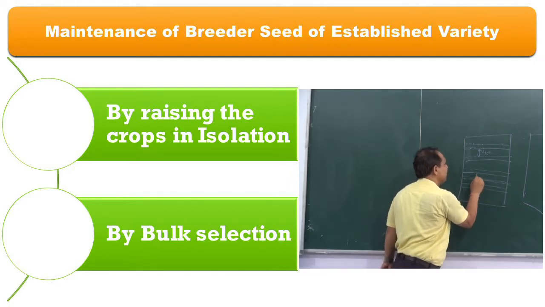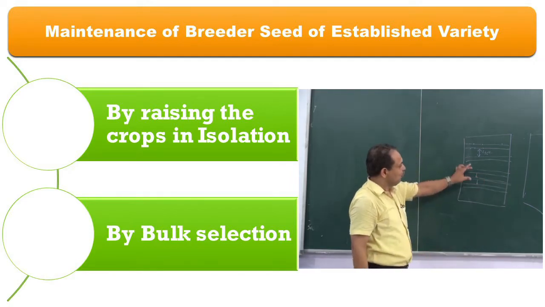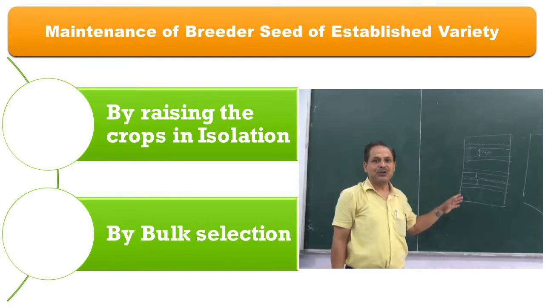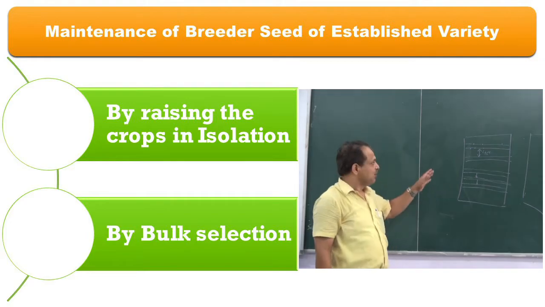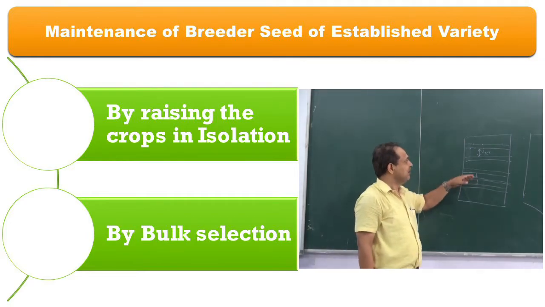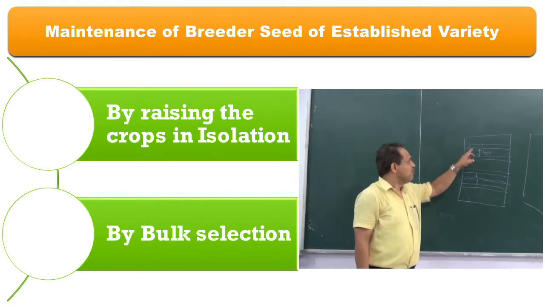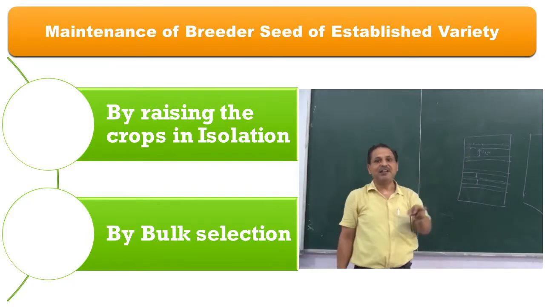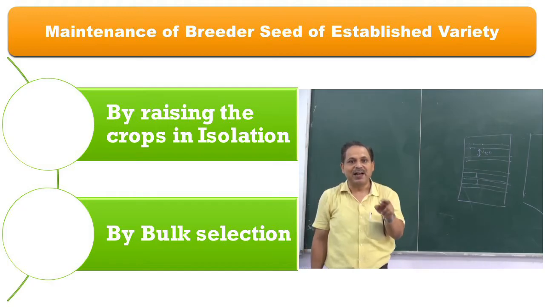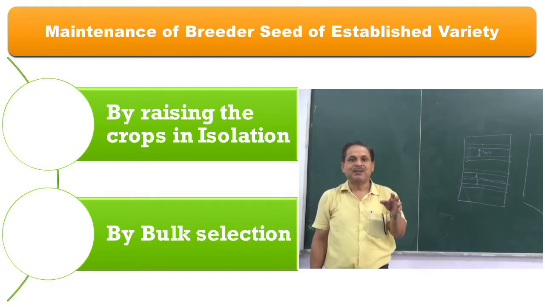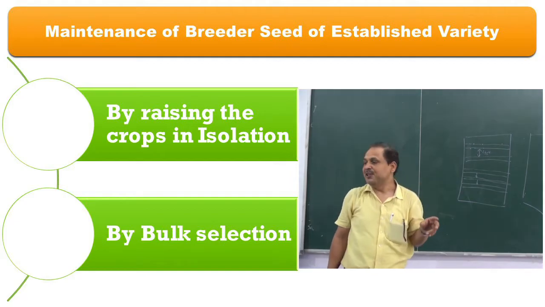So the distance between the two plots must be enough so that the movement of persons related to this purification is free. The purpose is only to observe critically each and every plant for plant height, for flowering, or other purposes for which the variety has been developed.